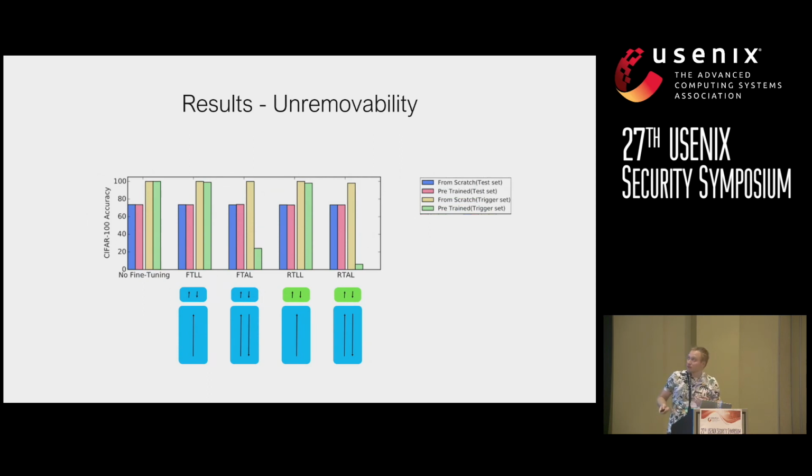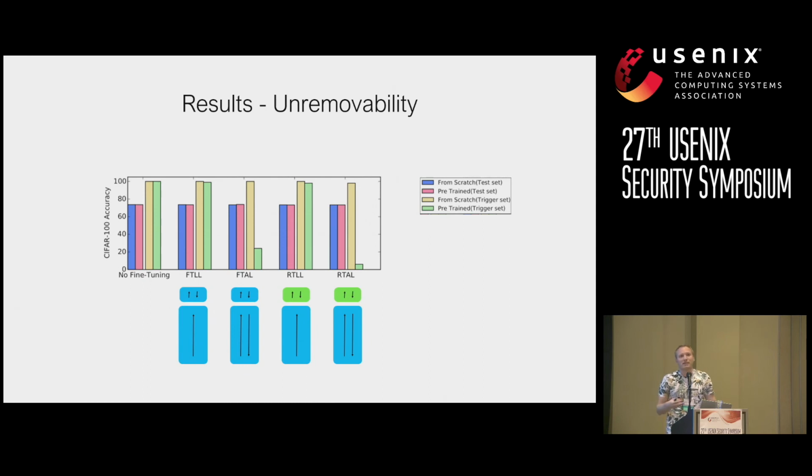And here's what actually happened. As you may see, there's this green bar on the very right side. And this is actually the interesting thing that happened. This is when you take a pre-trained model, you put in the watermark afterwards, and then you retrain or fine-tune the whole network. What actually happens is this will remove the watermark completely.